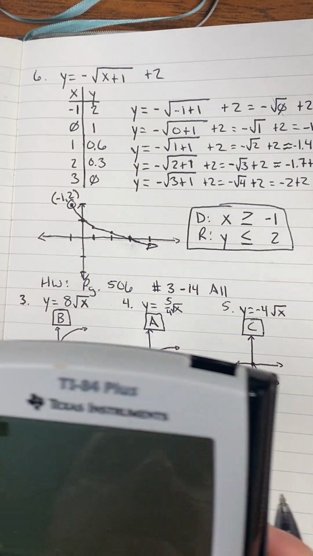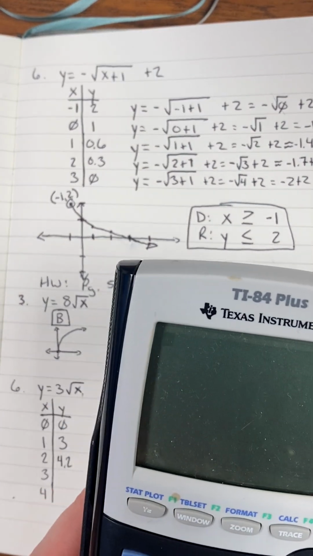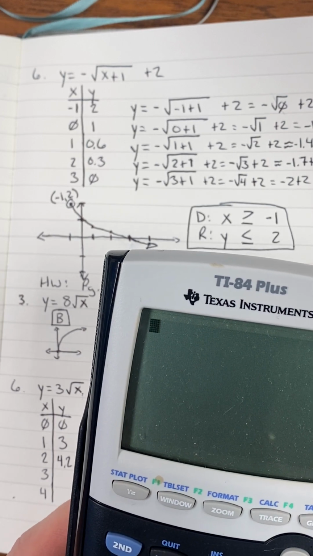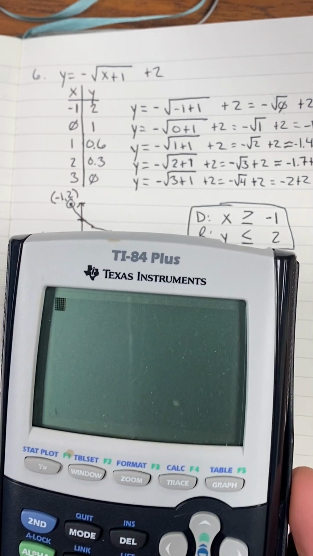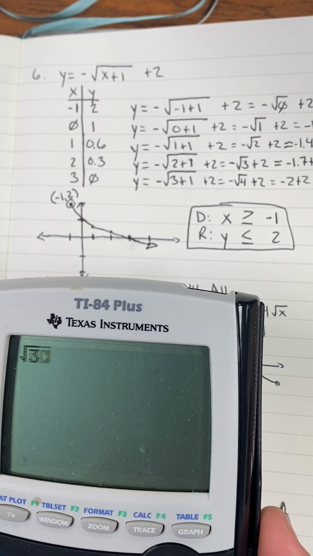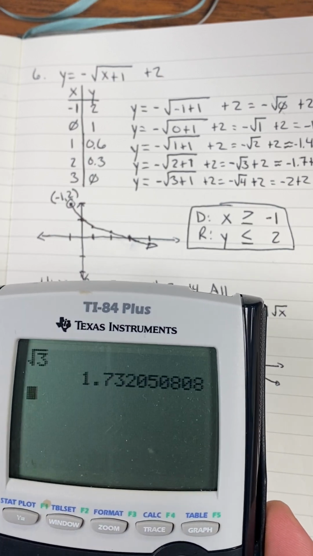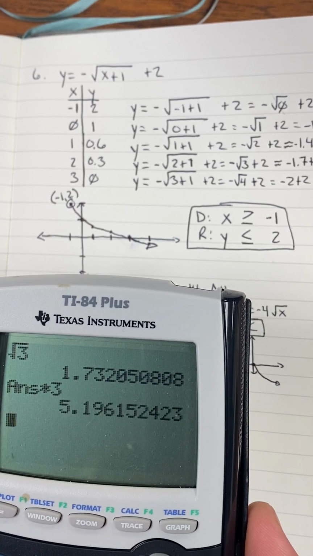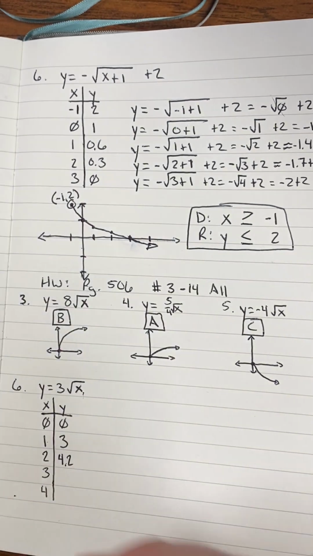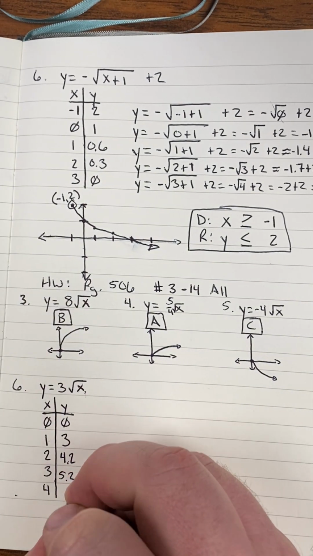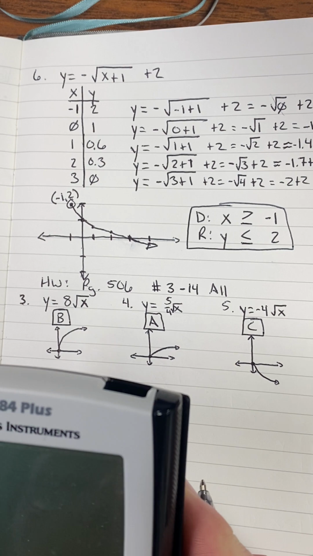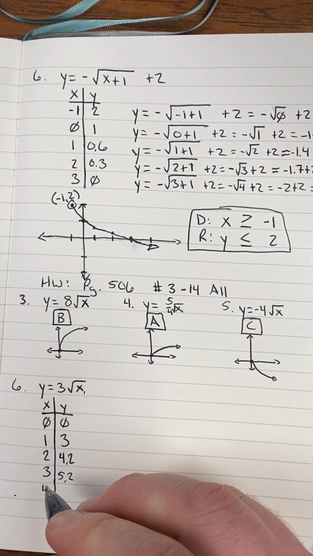Make sure you stay in your calculator as long as possible before rounding an answer. So next value is 3, so I'm going to do square root of 3, press enter, and then times 3. So about 5.2. Okay?